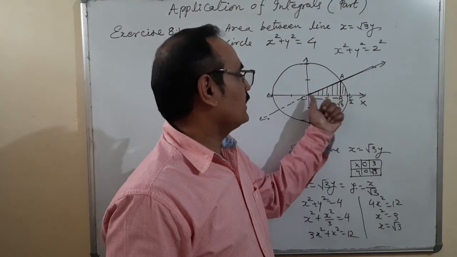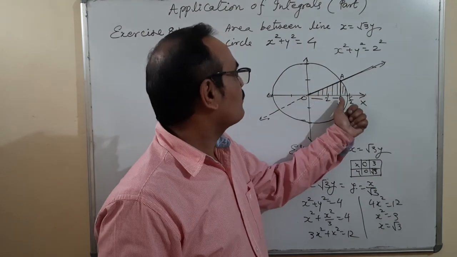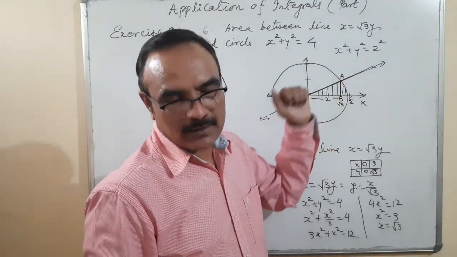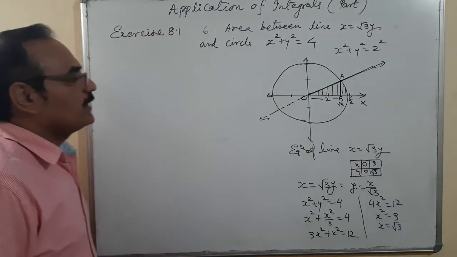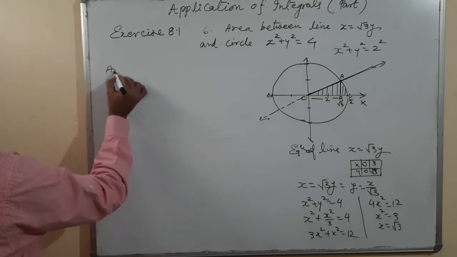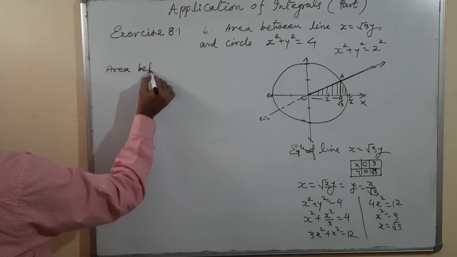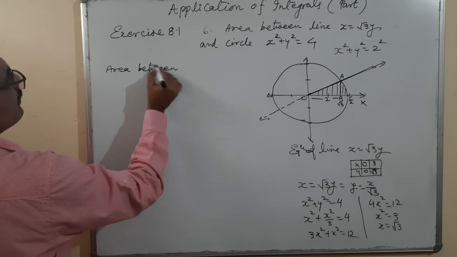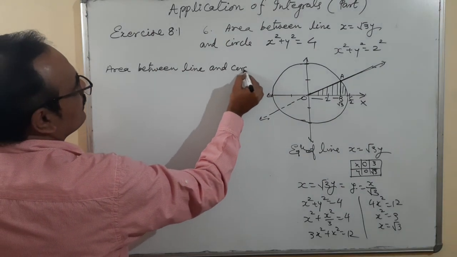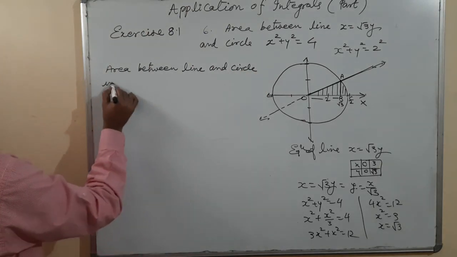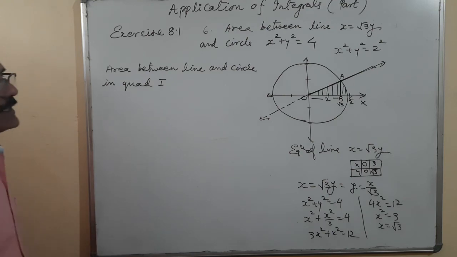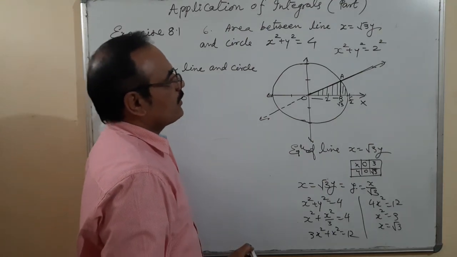From OAB, it is made by this line, and from BAC, it is made by this circle. So how to find the area? Area between line and circle in quadrant 1 along the x-axis.